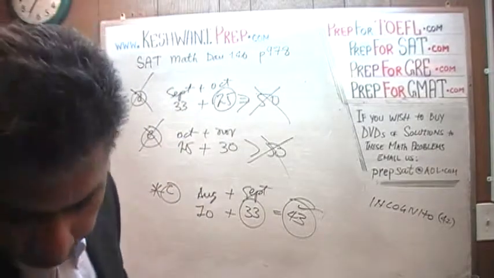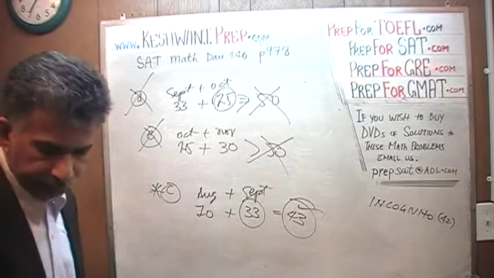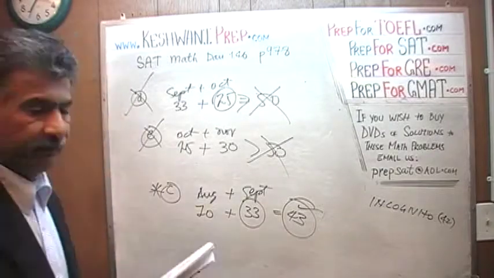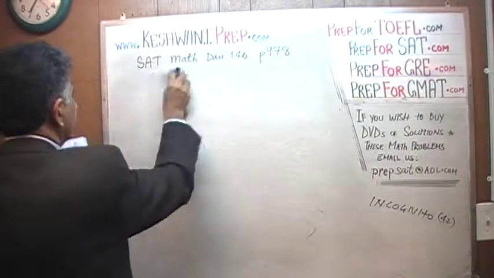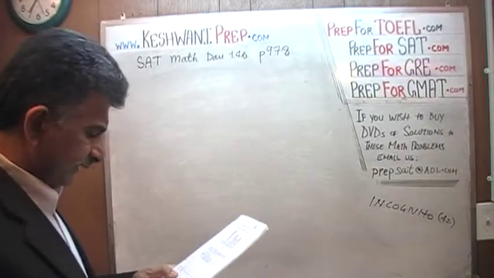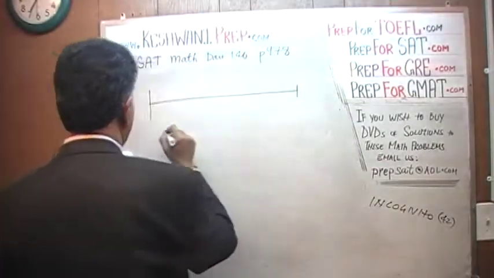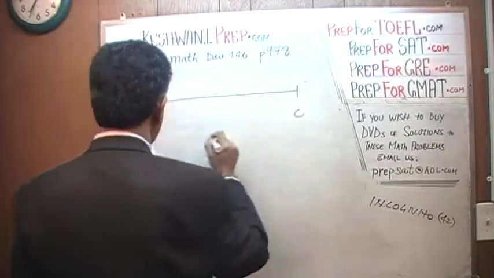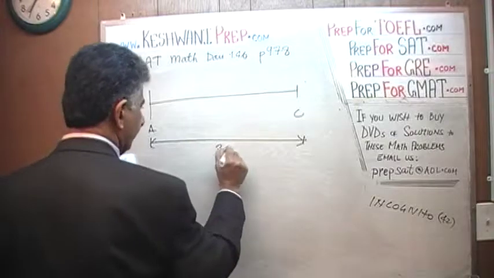Number 6, okay? Next one, last one. Problem number 6. In the picture above, AC equals 24. Alright. So here is our A to C, and we are told that A to C is 24.